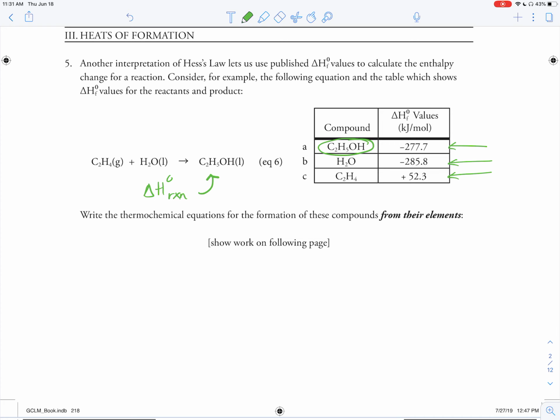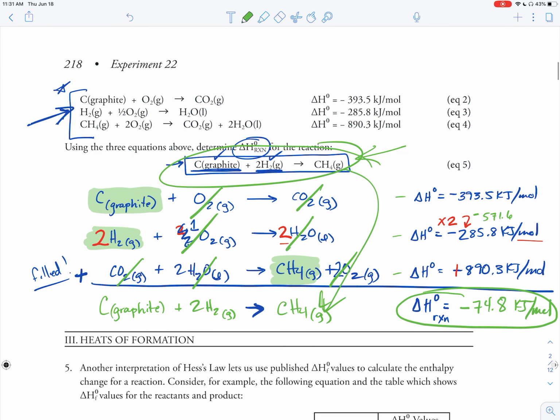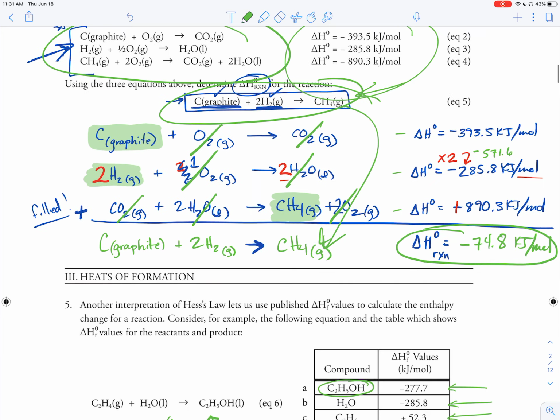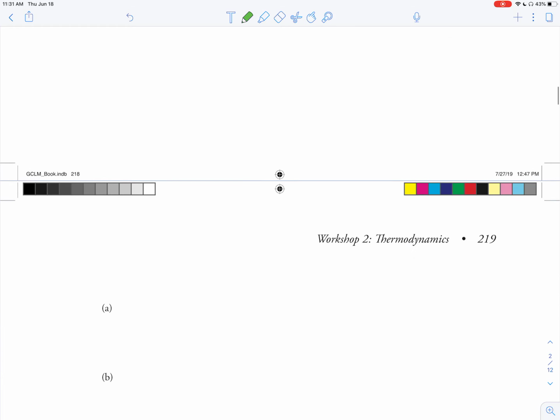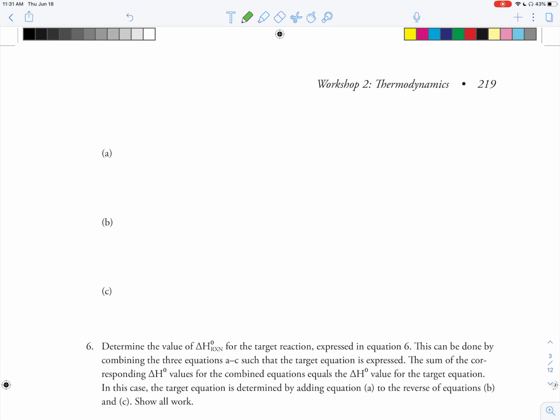Essentially, I'm having you make these reactions without me giving them to you. And then I've already given you the delta H naughts, and then we'll go from that and do the same kind of problem. So let's go ahead and write those down here.